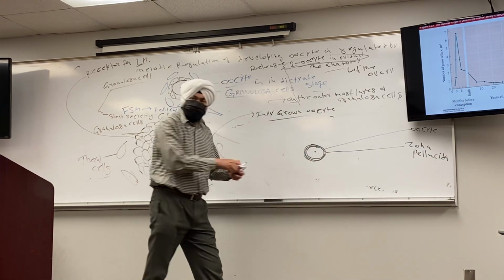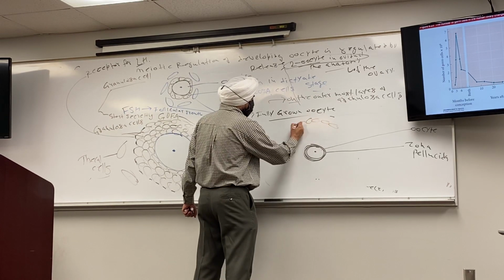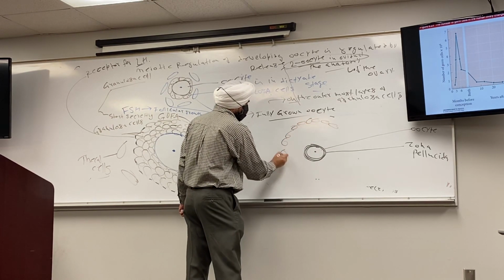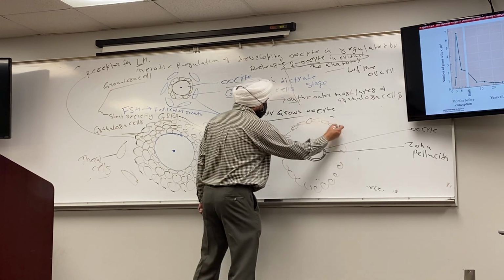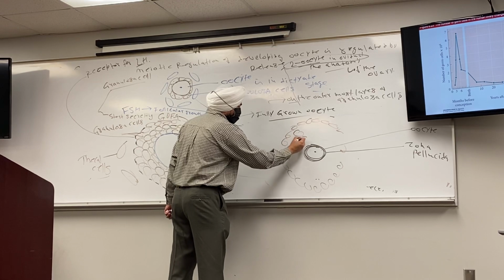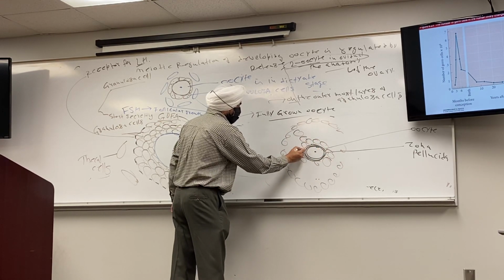And then the cells which are surrounding it, they will also divide like crazy. So you will have more and more cells around this. But right here, you will have an area. I'm just drawing it very simplistically.